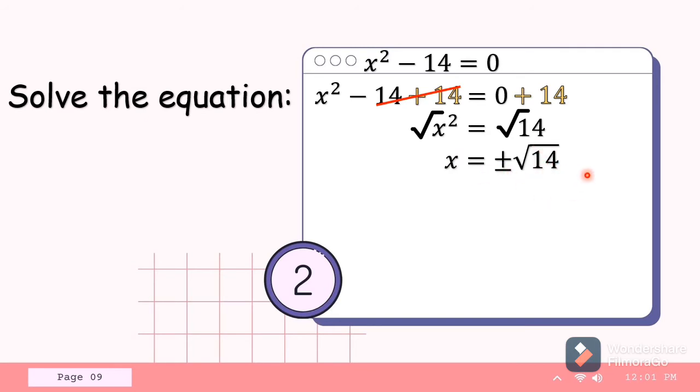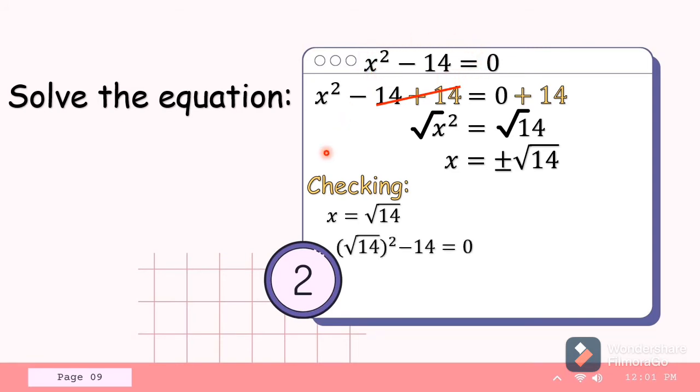Bakit na-retain sa loob si square root of 14? Since 14 is not a perfect square, pangalawa, walang factor si 14 na mayroong perfect square. Kaya, yung buong 14 ay matitira sa loob ng radical sign. Let's try checking. First, we have the positive square root of 14. Ipapalit natin siya doon sa ating original equation.